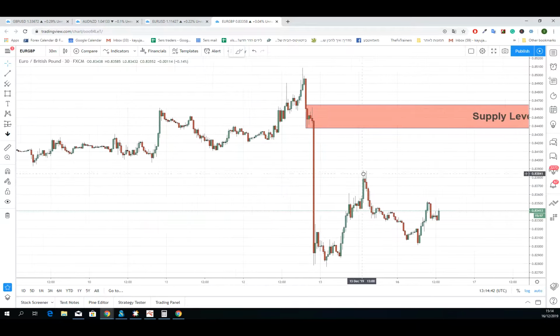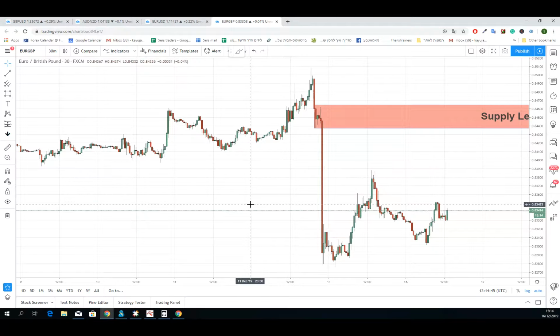As we can see, after the UK election results, the GBP really got strong against all the pairs, also against the euro. And here it creates this fresh, strong supply. Since then, the price still didn't touch this level. So I'll definitely wait for the price to reach this supply, and it will be a great level for a sell position in order to join the GBP momentum.